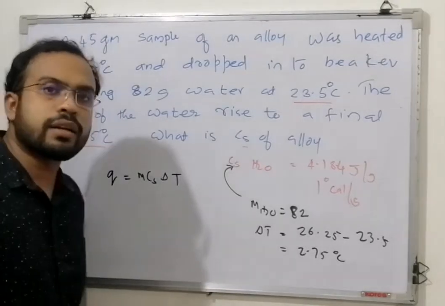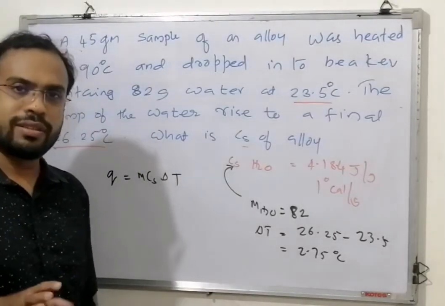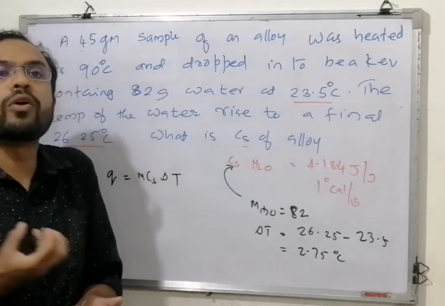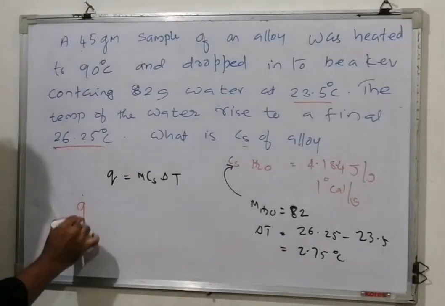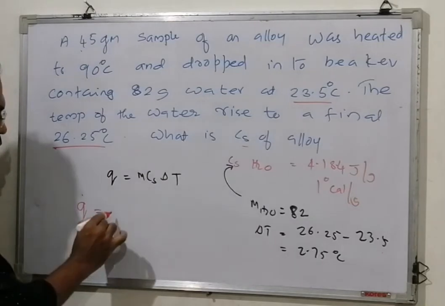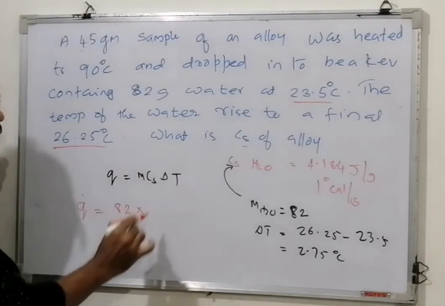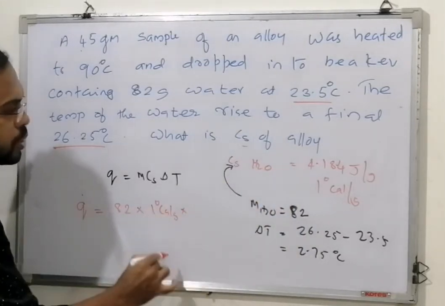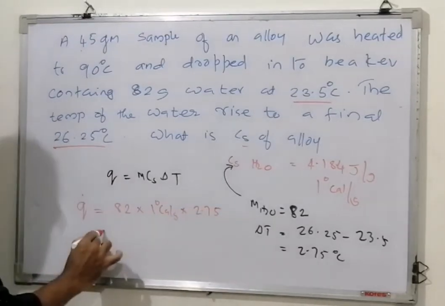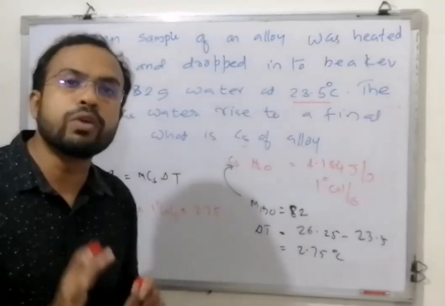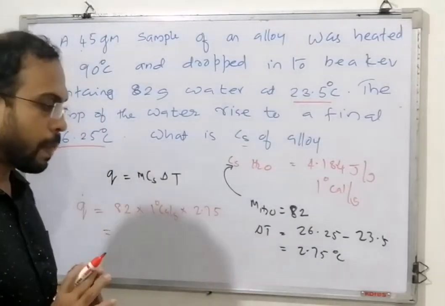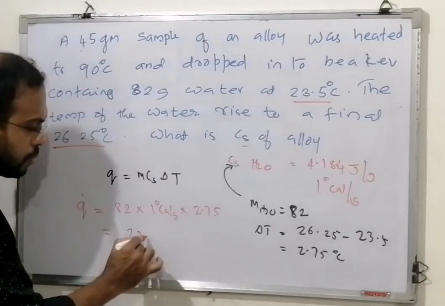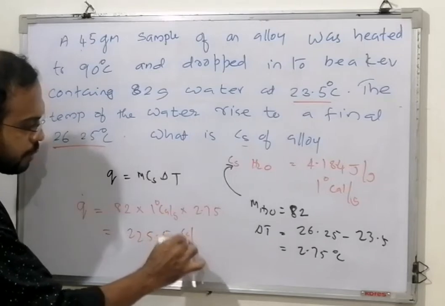Therefore, the water temperature has been raised because it absorbed heat from the alloy. Therefore, you can calculate how much heat was absorbed by the water. That is 82, and I am going to calculate in calorie. Therefore, 1 calorie per gram into 2.75. This much heat was absorbed by water because the temperature increased. This value is 225.5 calorie.